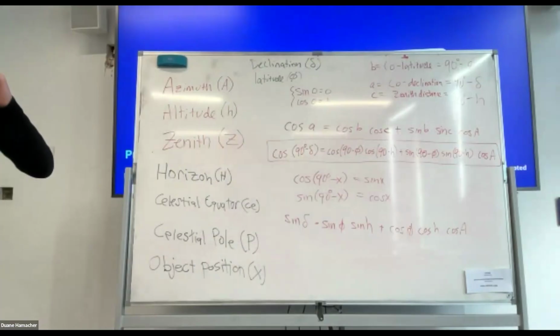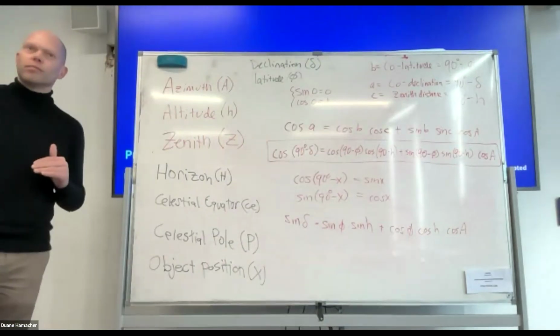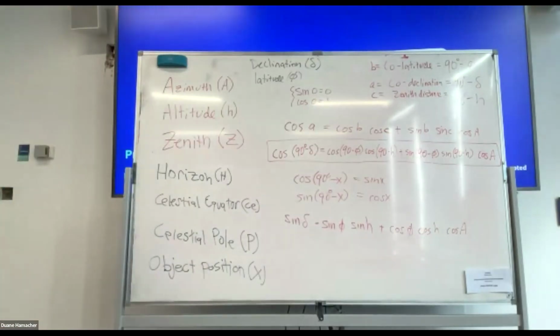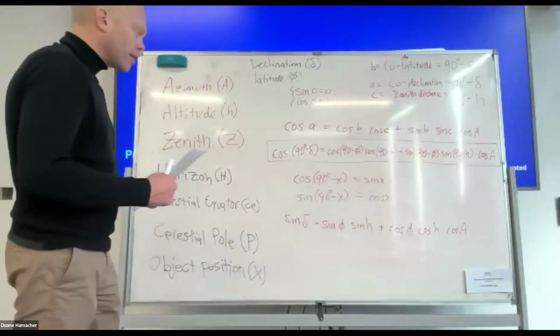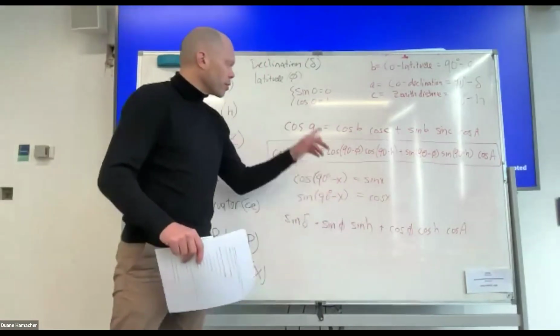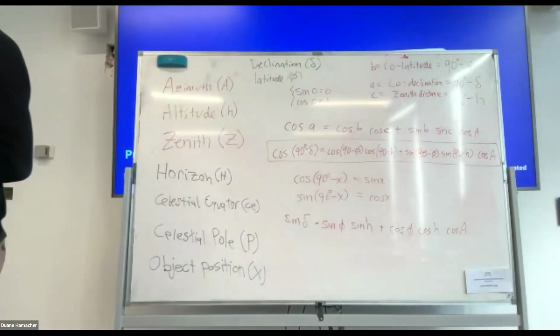So if there's no altitude, we can simplify it. For example, if we wanted to look at where the sun is rising at the solstices, we want to see it on the horizon. Then those terms go to 0, and we can simplify it from there.